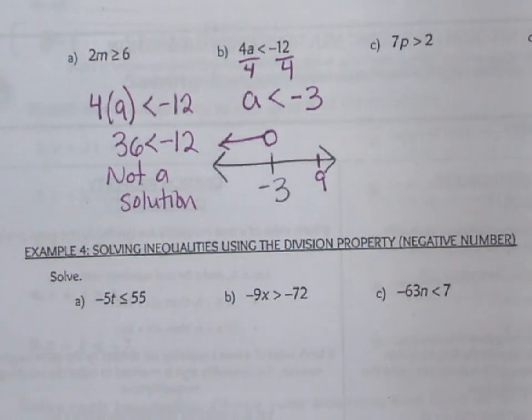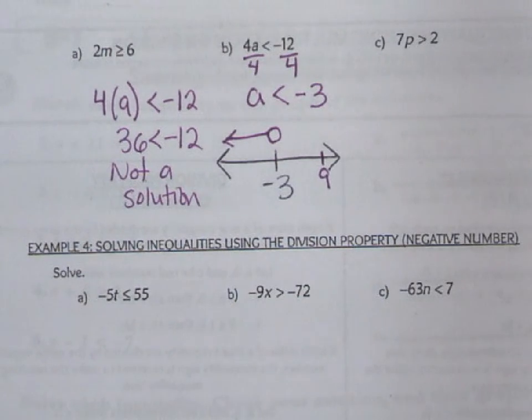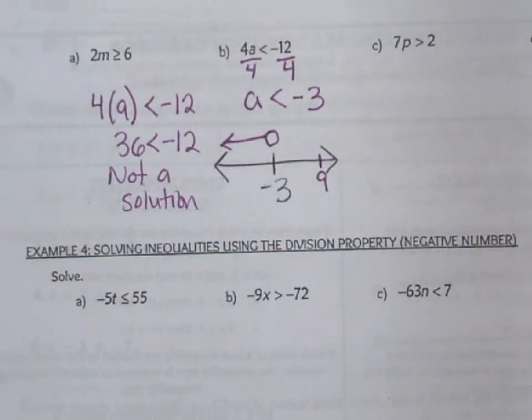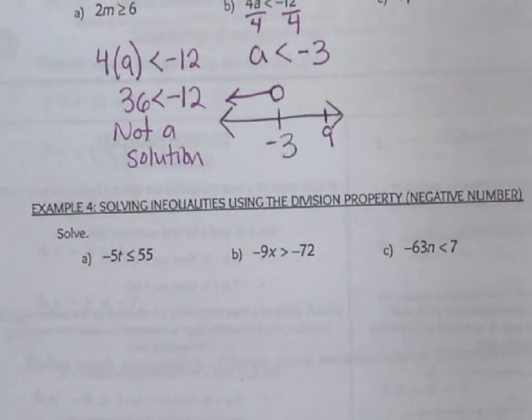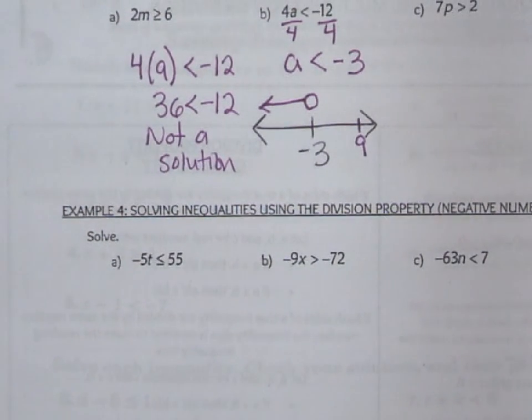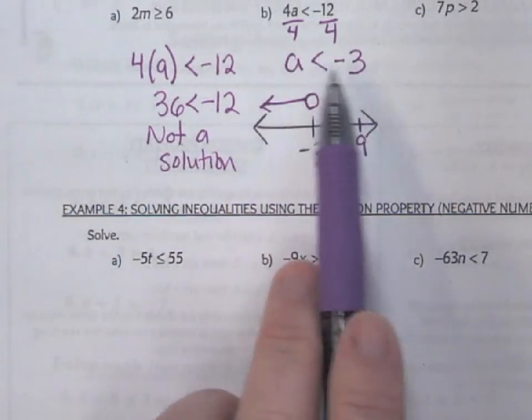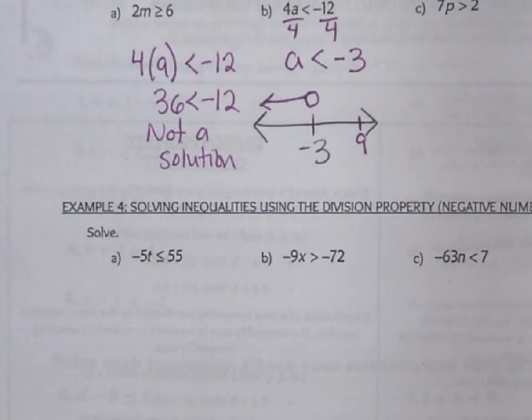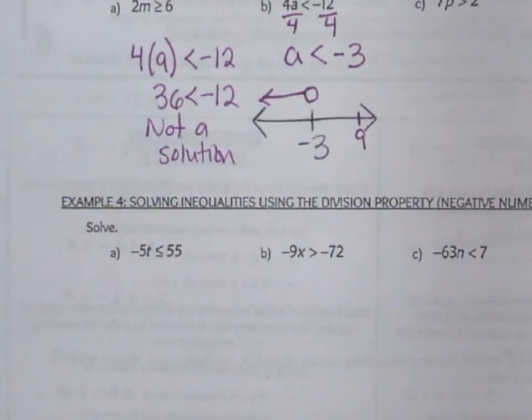You have been able to successfully solve and graph and write inequalities without trying to use a trick. So if the trick makes sense to you, the rule, and you can use it, great. If not, don't worry about it. Okay? Just because there's a negative number doesn't mean it changes. You have to be multiplying or dividing the variable by a negative. Any questions about solving inequalities with multiplication and division?